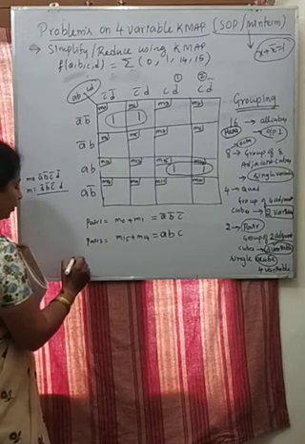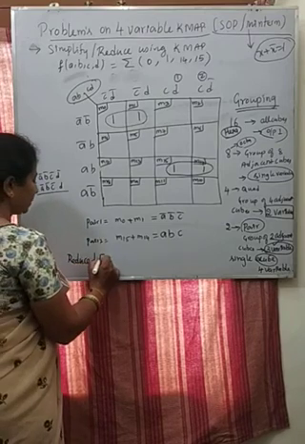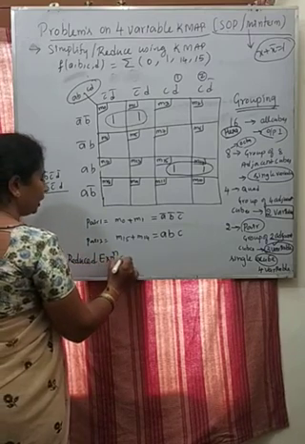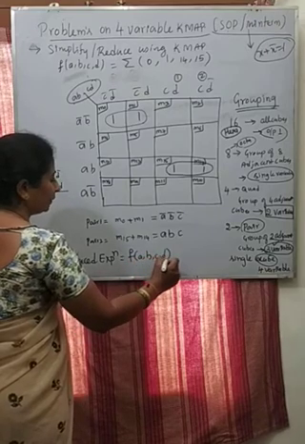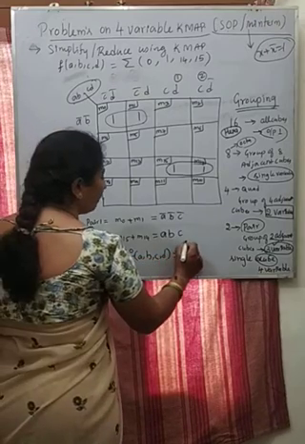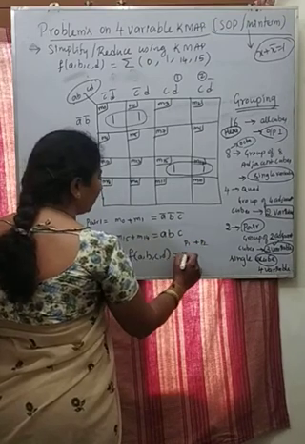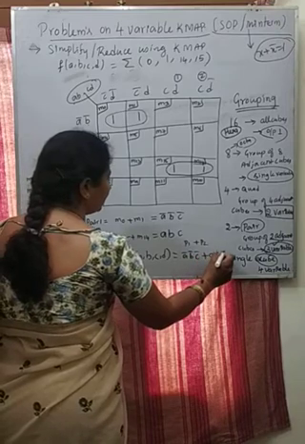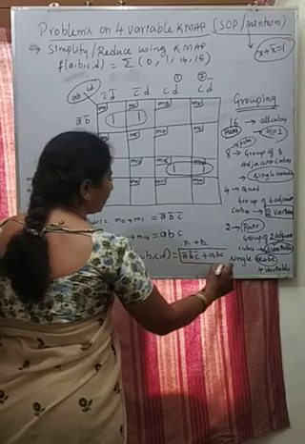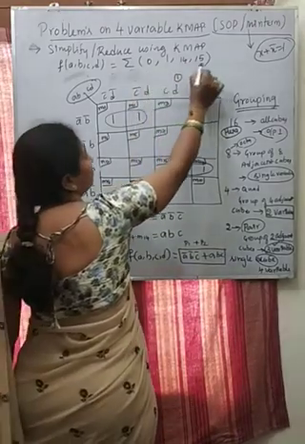How to write the reduced format? You need to write the reduced expression: f of A, B, C, D equals pair 1 plus pair 2. What is pair 1? A complement, B complement, C complement, plus A, B, C. This is your reduced format for the given expression.